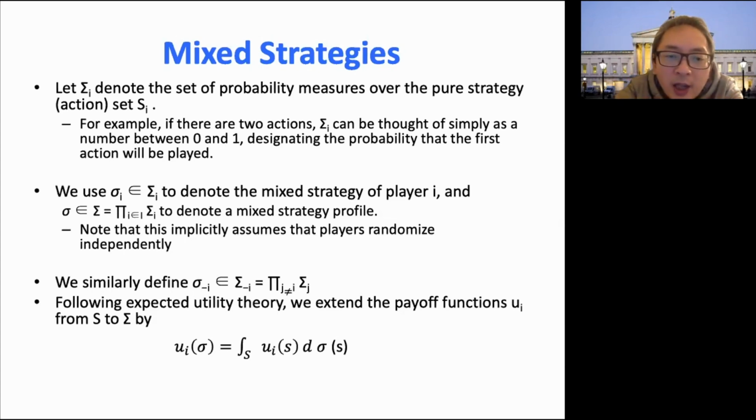When we see agent I, we use the notation minus I to look at all other agents or players beyond this particular player I. So lowercase sigma minus I is the mixed policy of all these other players apart from player I.